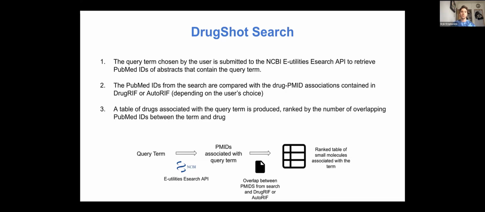Then the PubMed IDs from this search are compared with the drug to PubMed ID associations found within RIF or AutoRIF, which are pre-computed and can be chosen by the user. And lastly, we have a table of drugs associated with the query term that's produced, which is ranked by the number of co-mentioned PubMed IDs between the term and the drug.